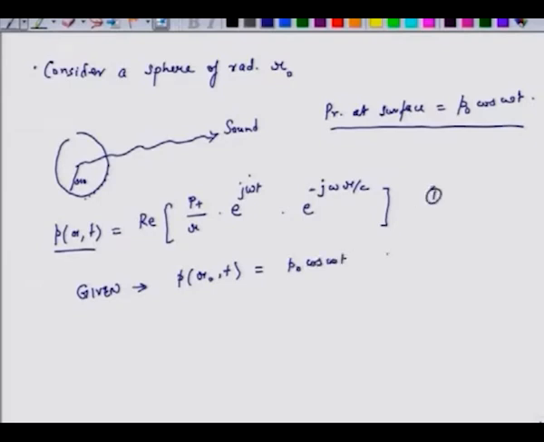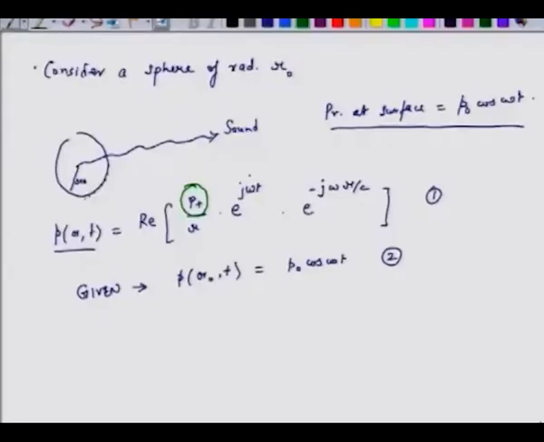So, I will call this equation 1, this is equation 2. Now, what we do not know right now is the value of P plus. Now, P plus is a constant and it may have an imaginary component as well as a real component, and we do not know what this number looks like.